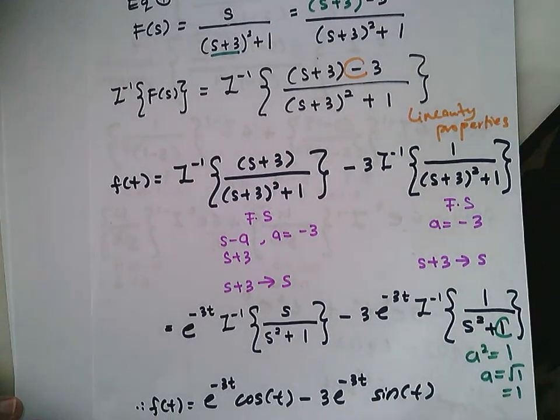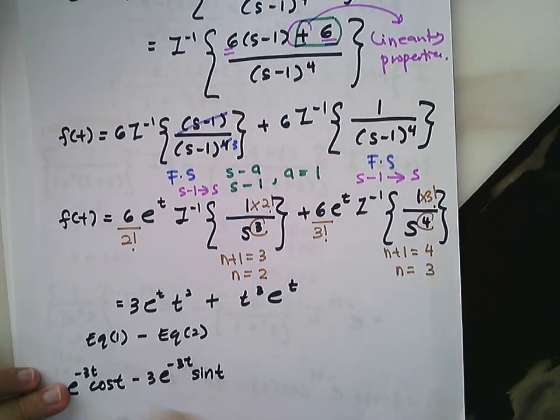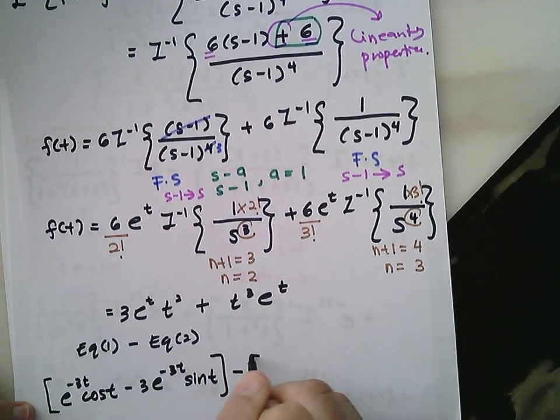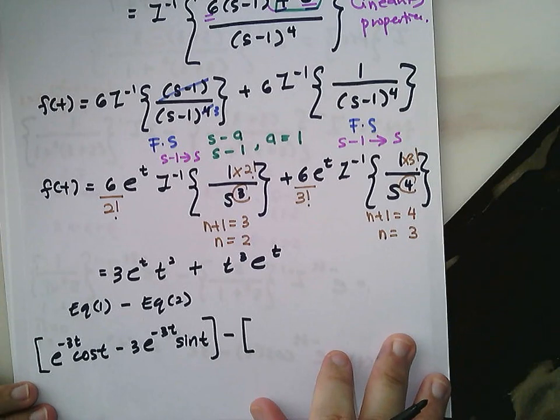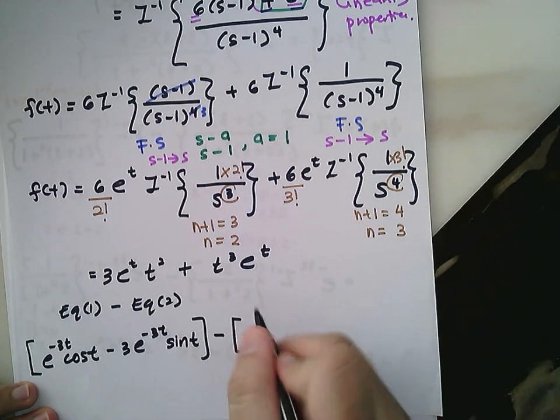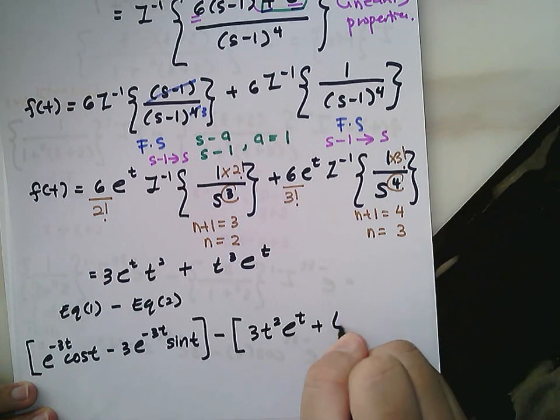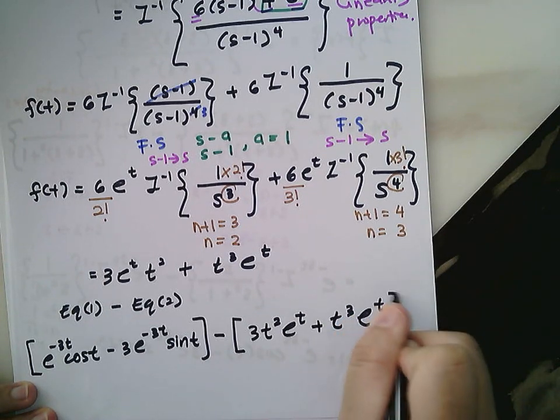Am I right? Okay. Minus, so this is the first equation, minus the second equation, 3t squared e^t plus t cubed e^t.